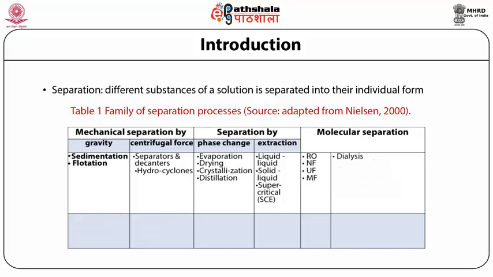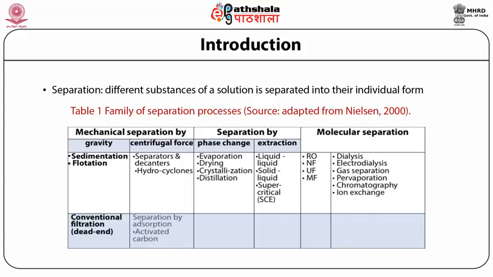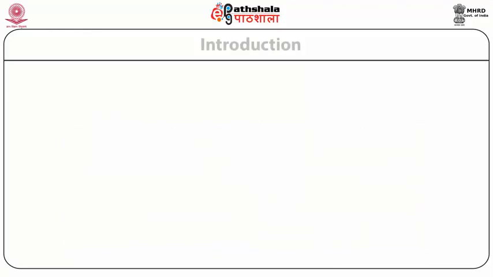And next are dialysis, electrodialysis, gas separation, pervaporation, chromatography and ion exchange. There may be other types of separation also, like conventional filtration, that is deadhead filtration, and separation by absorption, like activated carbon is also used for the separation.